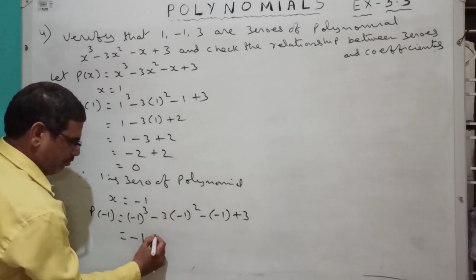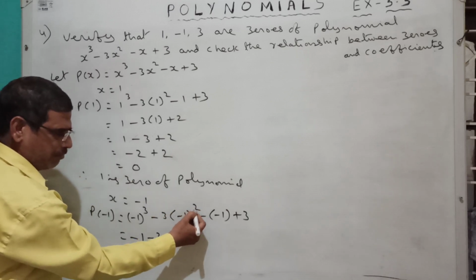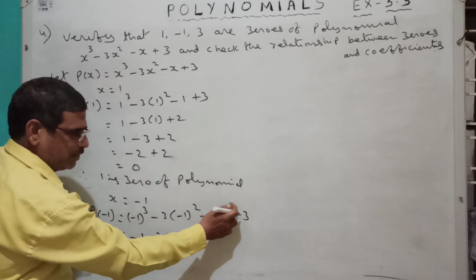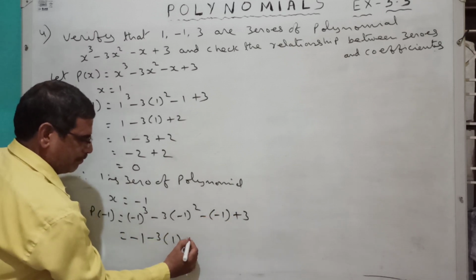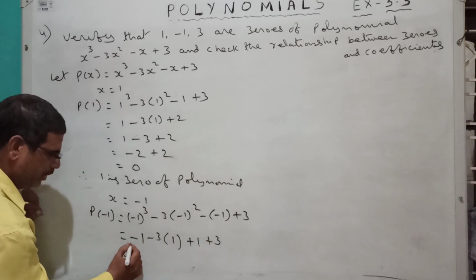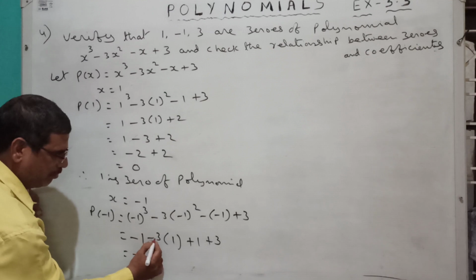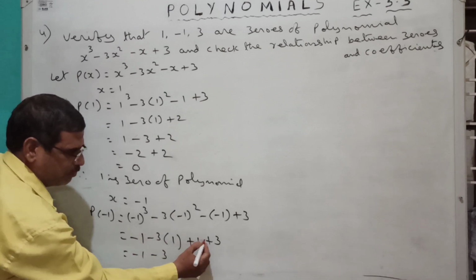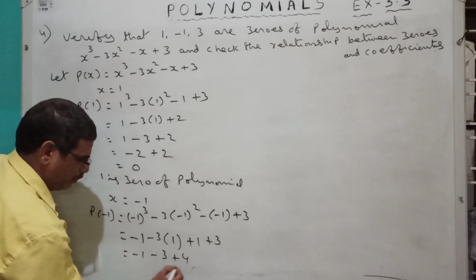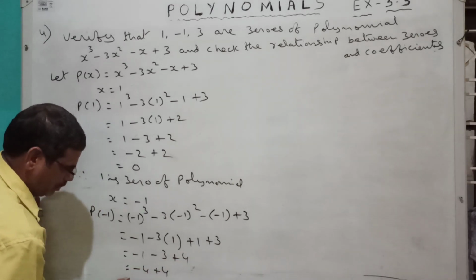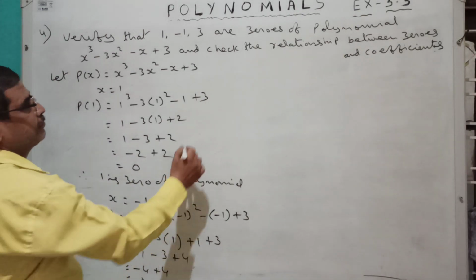Here minus 3, even power, so minus will become plus. 1 square means 1. Minus into minus is plus 1 plus 3. Here minus 1, minus into plus, minus 3 ones are 3, plus 1 plus 3, minus 4 plus 4, that is equal to 0.